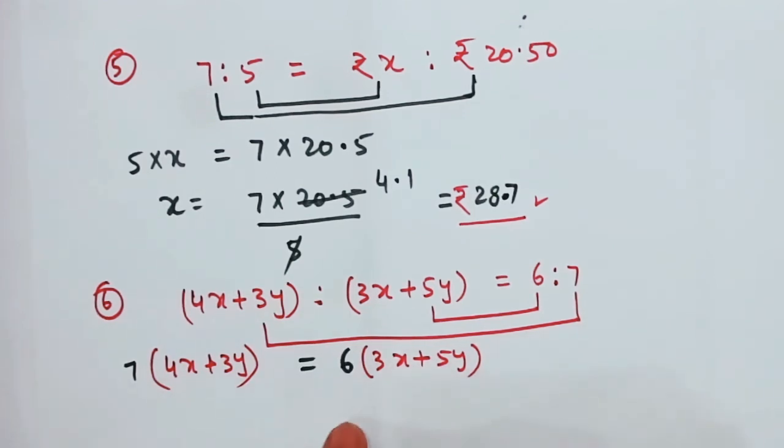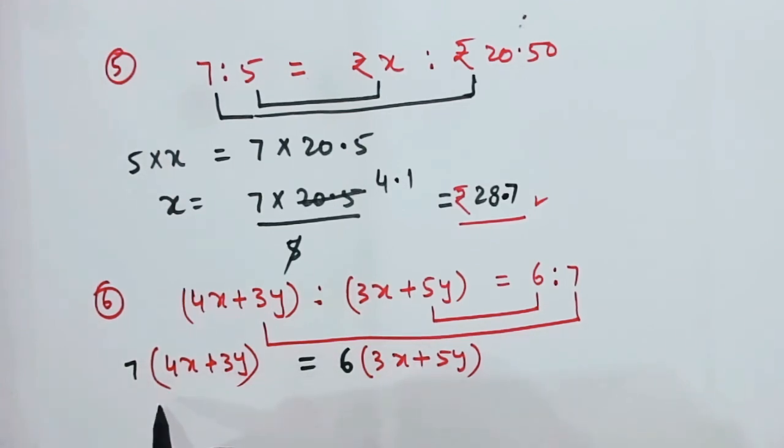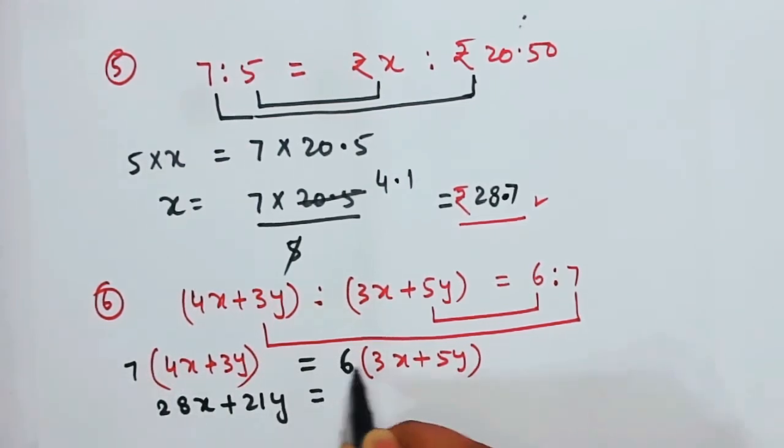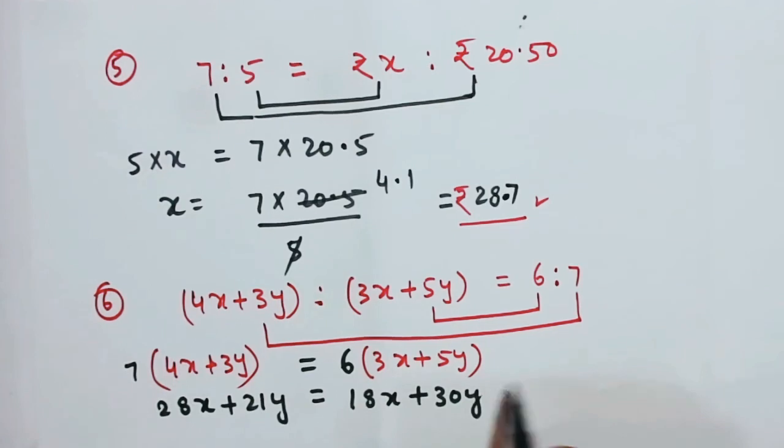I hope till now you don't have any issue. Now let us multiply. Have a look. You will multiply both of these terms with 7 and both these terms by 6. 7 4 times 28x plus 7 3s are 21y is equal to 6 3s are 18x plus 6 5s are 30y.